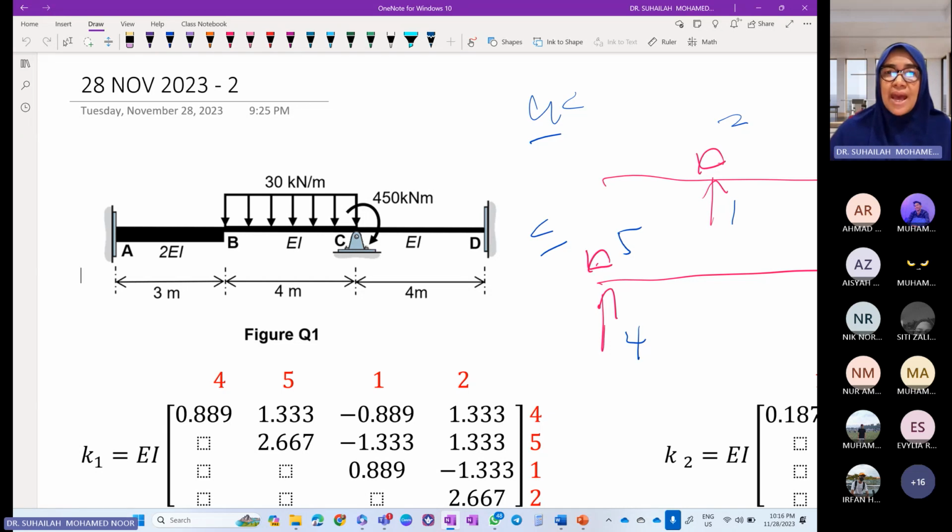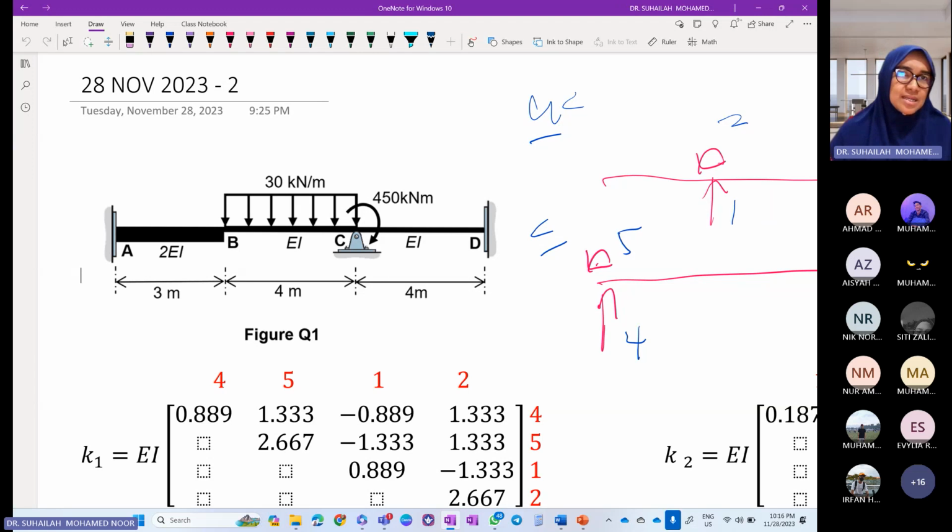But the UDL, we have to distribute to node B and node C. For beam analysis, Q is equal to KD plus Q naught. What is Q naught? Q naught is the equivalent nodal forces. Why do we call it equivalent nodal forces? Because we have to distribute the loading equivalently.